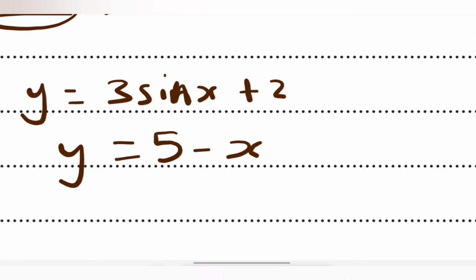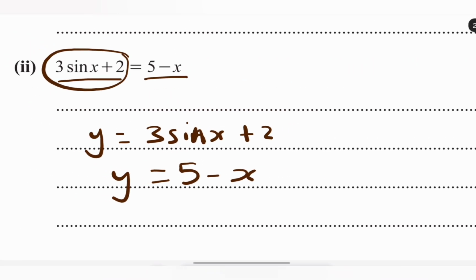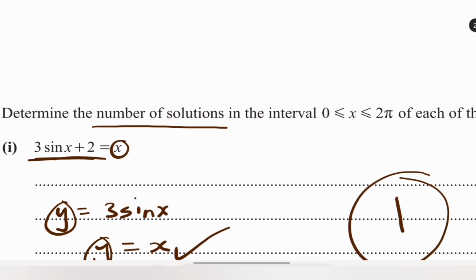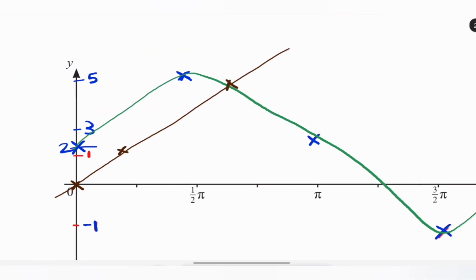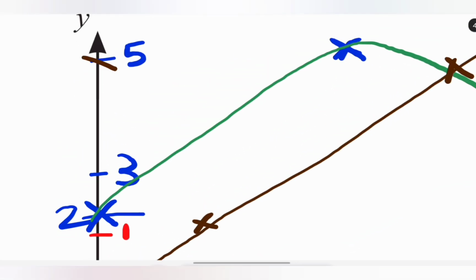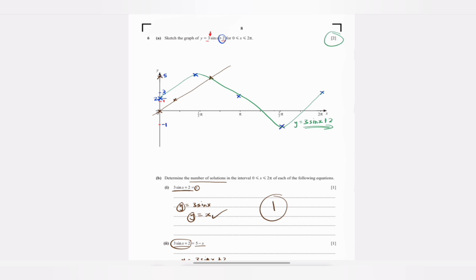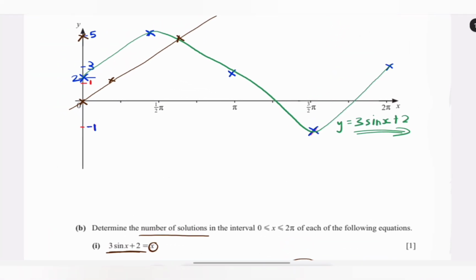When x is equal to 0, y is 5, because we have y equals 5 minus x. And when y equals 0, x is also equal to 5.